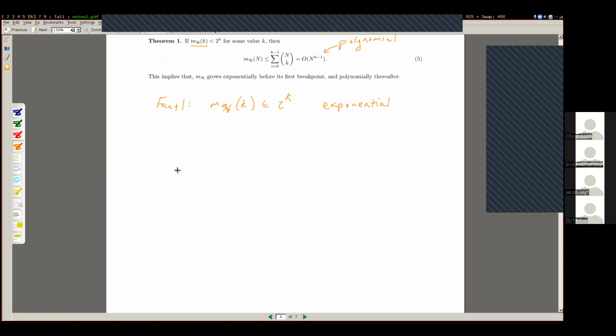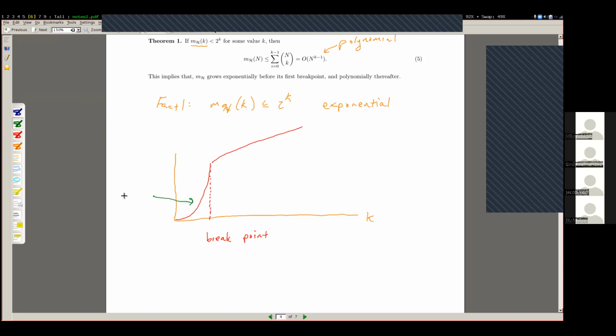If we plot a generic growth function, with K on the x-axis and the growth function on the y-axis, it starts off exponential, growing really fast, until we hit some breakpoint. It's called a breakpoint because we stop being exponential at that point, and then we go polynomial after that.